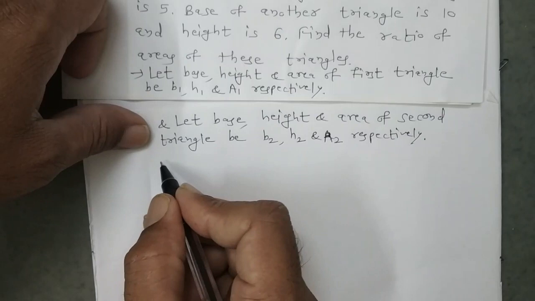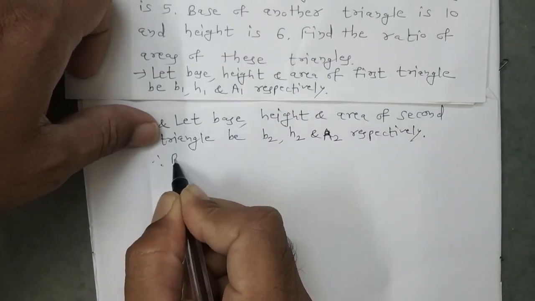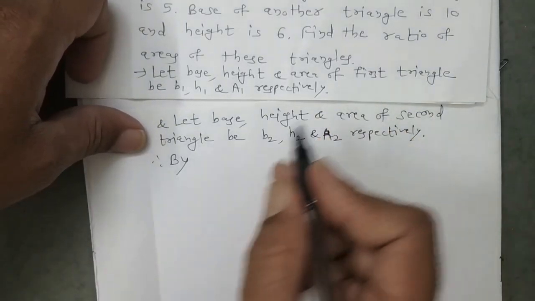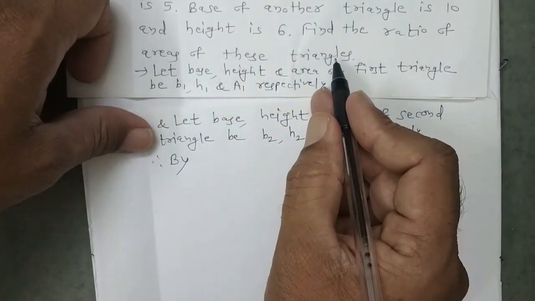Therefore, we have to find the ratio of areas of these triangles.